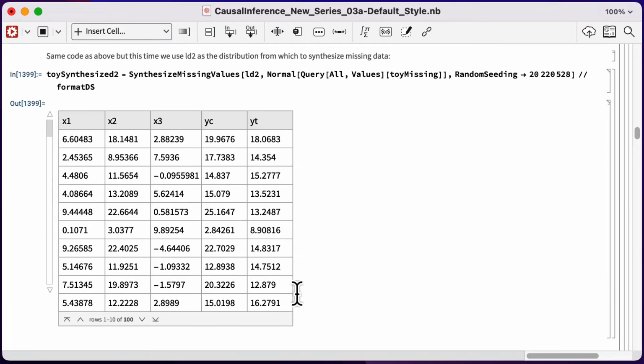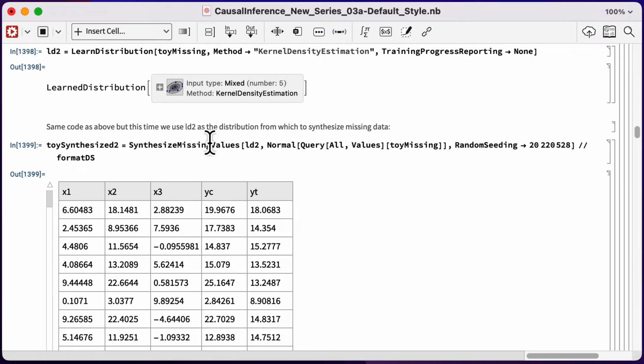And so much as I would be delighted if synthesizing missing values could just solve the fundamental problem of causal inference, in truth, it's not really powerful enough, not a dedicated enough method to do so. But it does point us conceptually in the right direction, which is to say that in some sense our problem is that we have missing data.